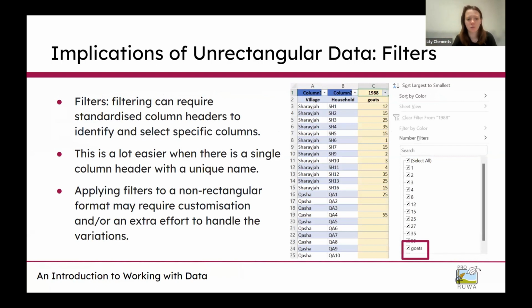Applying filters to a non-rectangular format may require customization or extra effort to handle these variations. For example, here we tried to filter our 1988 column, and it sees goats as another value. That means that this column is no longer numeric either, which causes a whole other set of issues, or in statistical software can cause a lot of other problems.